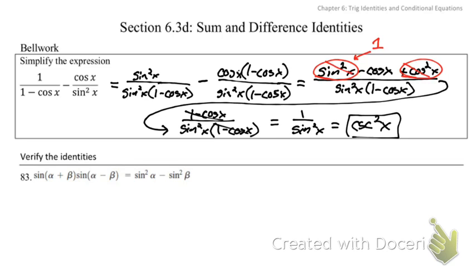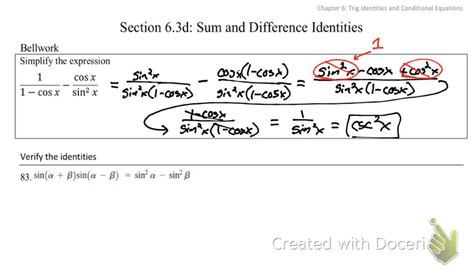You could have multiplied the first part, the 1 over 1 minus cosine, both the top and bottom by 1 plus cosine. Yep. So I said anytime you see this 1 minus cosine x, an easy method to do is to multiply the top and bottom by its conjugate, which would be 1 plus cosine x.